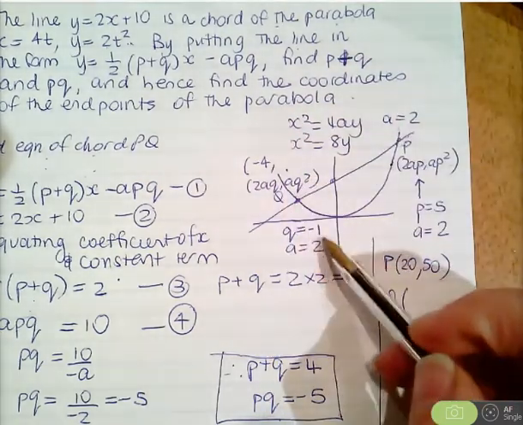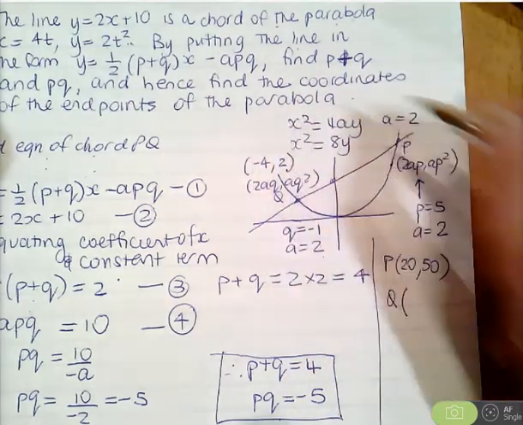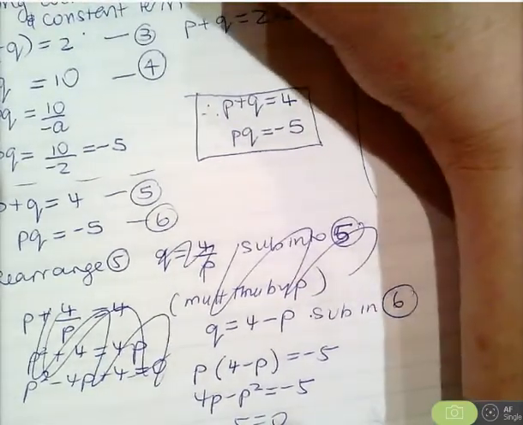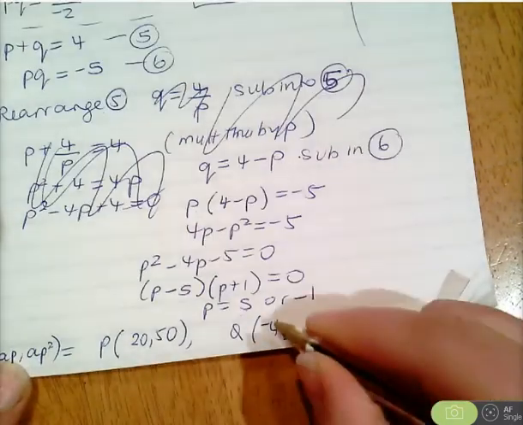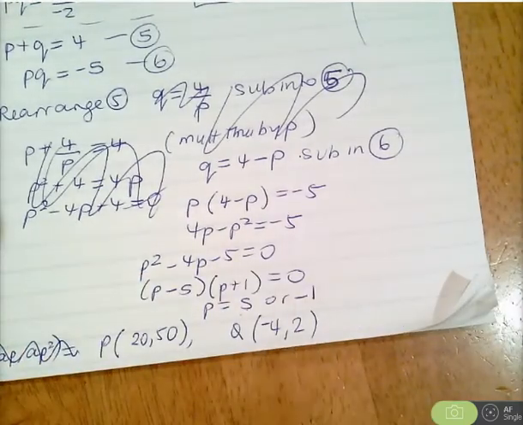And AQ squared will be 2 times negative 1 squared, which is 2 times 1 is 2. So we end up with point P as shown above being (20, 50), and point Q is going to be the point (negative 4, 2).